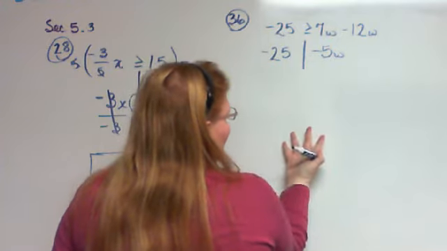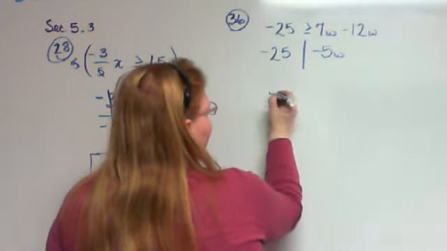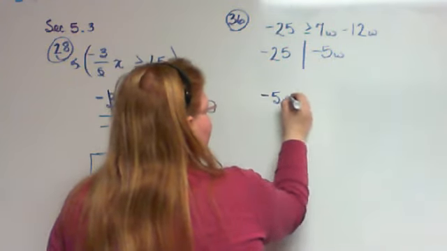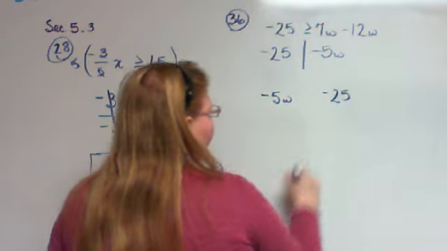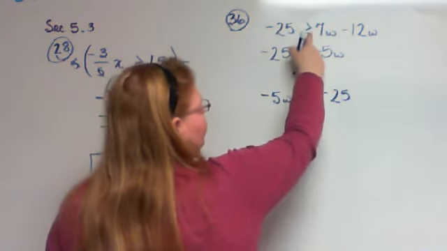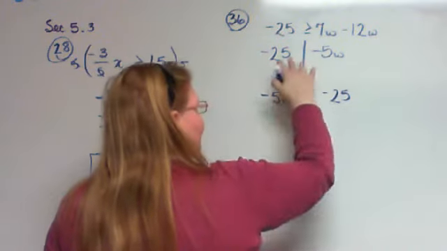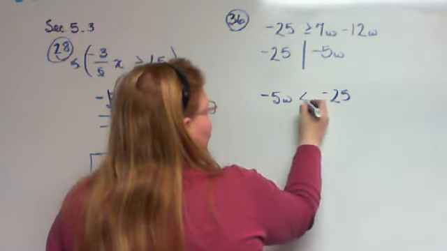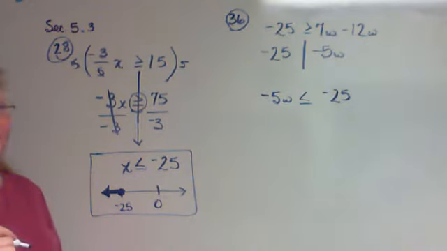And when I slide my spatula up underneath this problem and flip it over, that's going to put my negative 5w on this side. And it's going to put my negative 25 over there. But it's also going to flip that sign, because when I pick it up and flip it over, it changes the direction of that sign. I haven't done anything to the problem but flip it like a pancake.